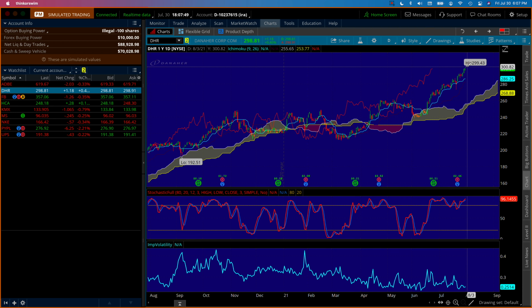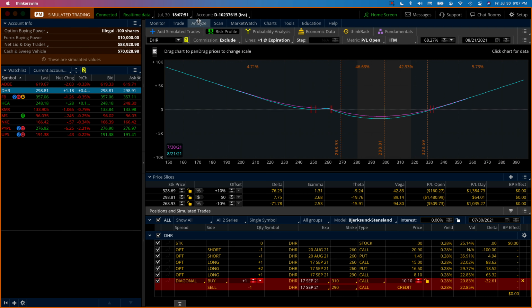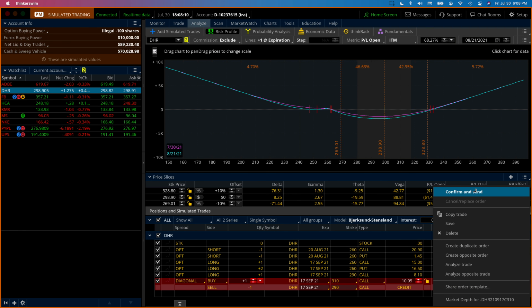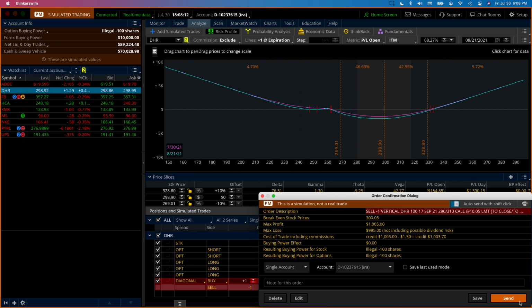Possibly, because it's hitting new highs, but I don't want to abandon the possibility that it could go higher, so I stay delta positive. Then if the stock begins to collapse, volatility would come in and help me on the downside. So it needs to be delta positive just a little bit. Okay, let's do that. Confirm and send.